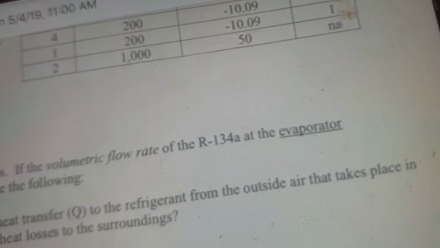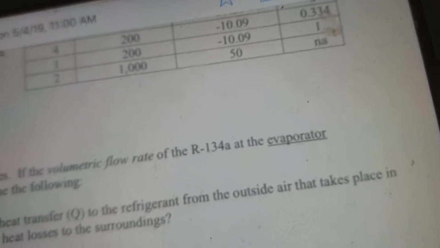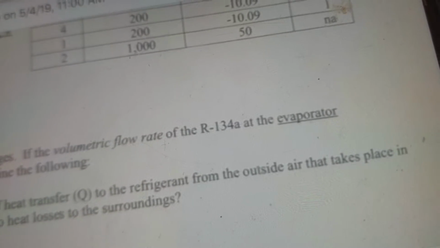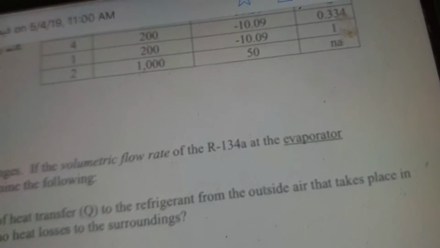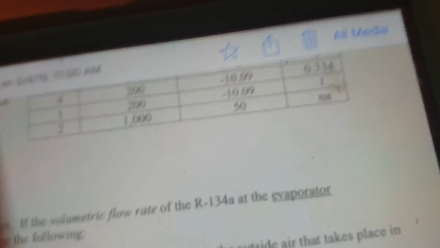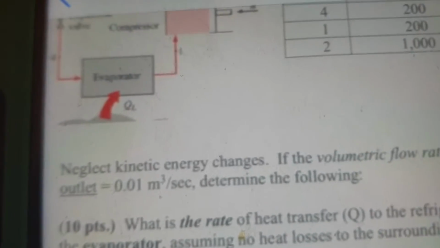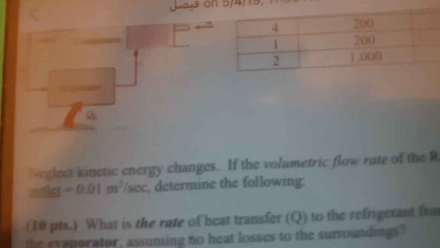At 4, the evaporator will start, and at 1 the refrigerant is going to leave the evaporator. The flow rate was 0.01 meter cubed per second. Determine the following.